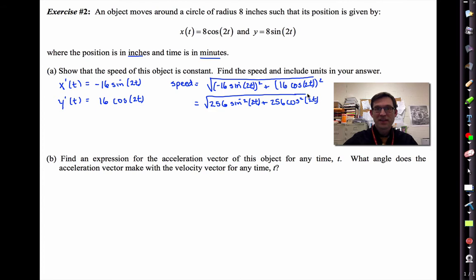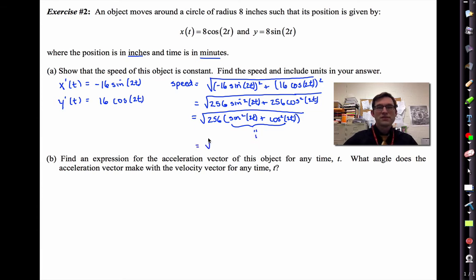Let's extend that a little bit farther. I think I'll factor that 256 out because that seems common to both. And then I'll have sine squared 2t plus cosine squared 2t. But this is the Pythagorean identity, and it's equal to 1, right?